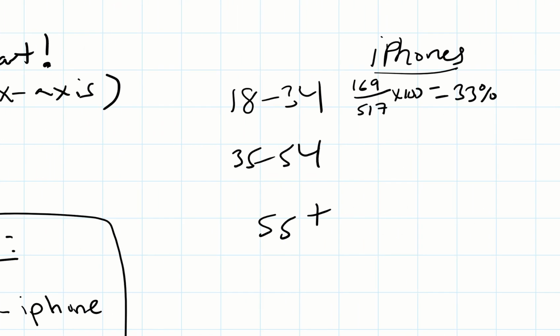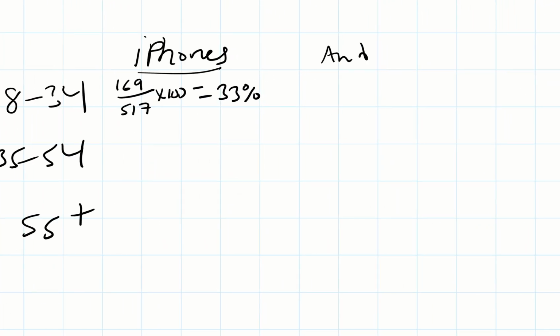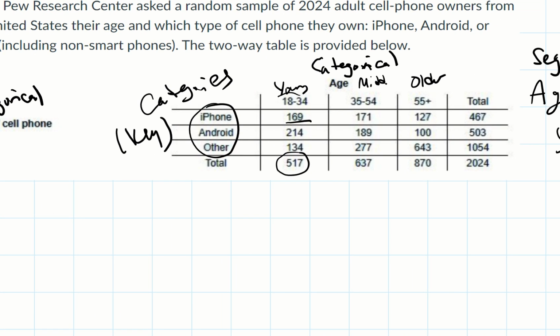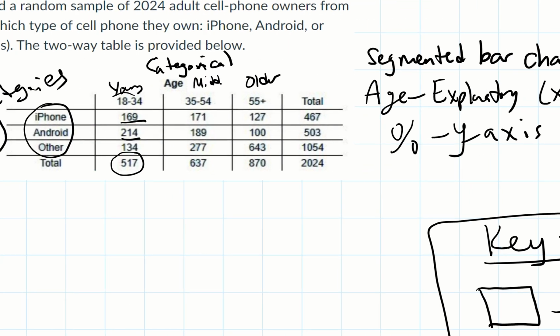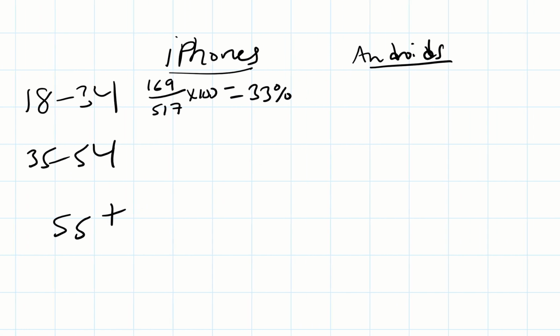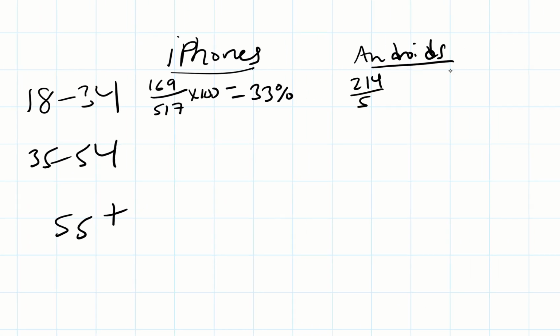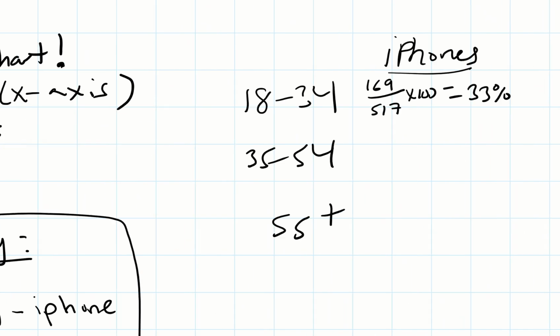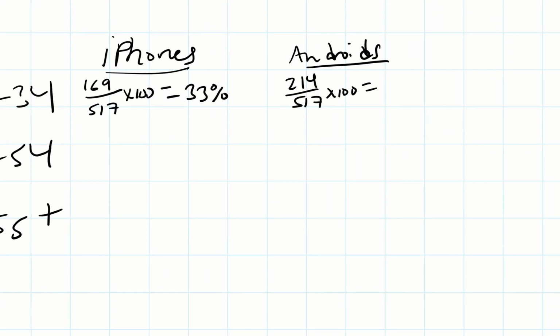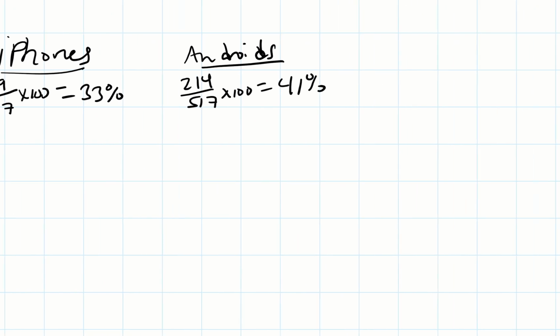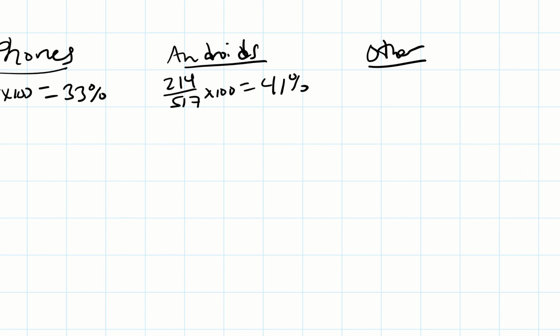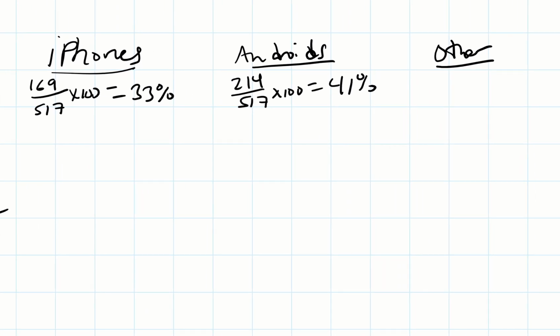And then how many people in the age group use Androids? What percent? We have 214 people who use Androids out of 517. So 214 out of 517 is about 41%. Then for other, we're going to guesstimate. Remember, these percentages have to add up to 100, right?